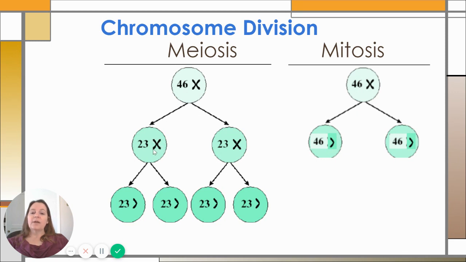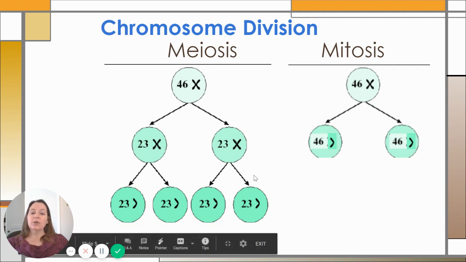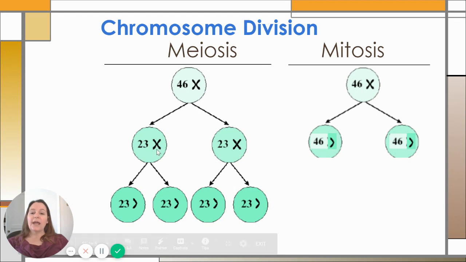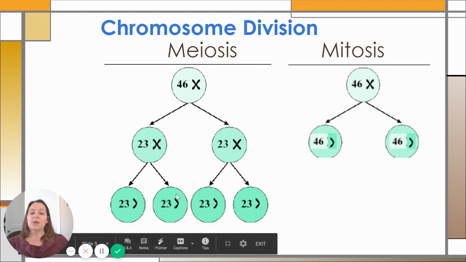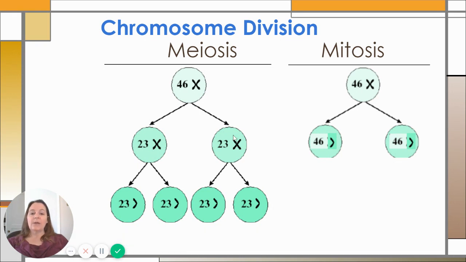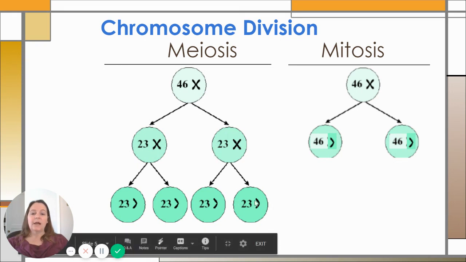If this is the number 5 chromosome, it still has an identical copy. So now in meiosis 2, we're going to pull that X apart so that we end up with 23 I-shaped chromosomes for this cell, and we end up with 23 I-shaped chromosomes in 2 cells from this one. And this is how we go from 46 chromosomes down to 23.